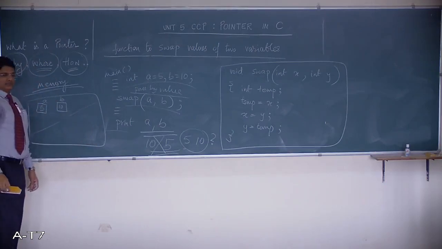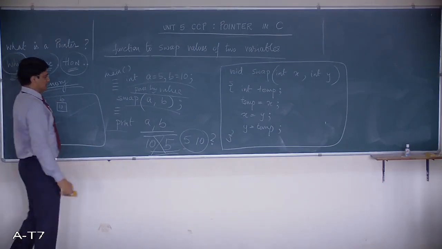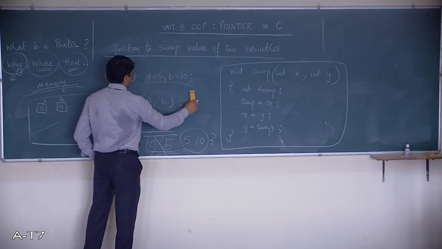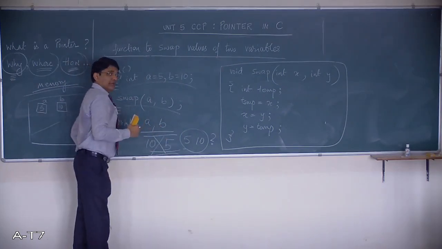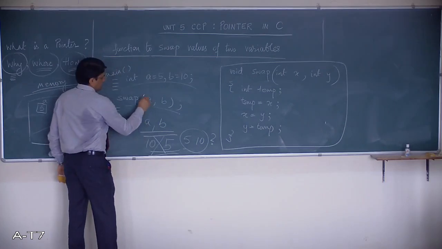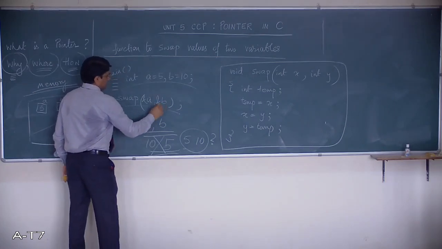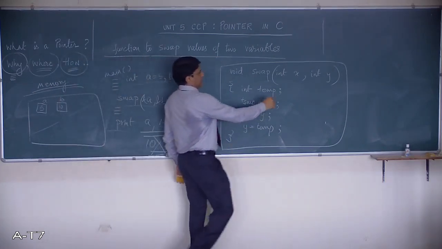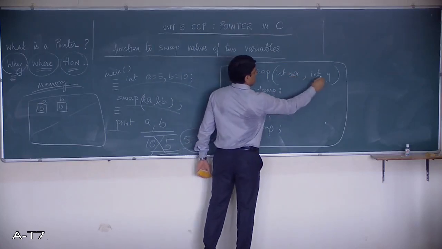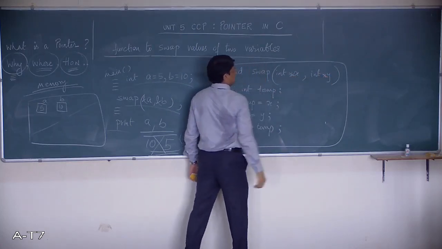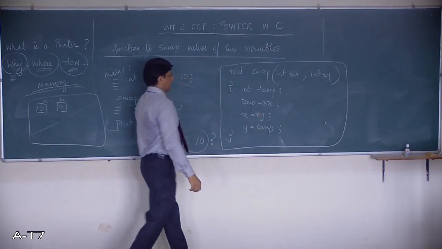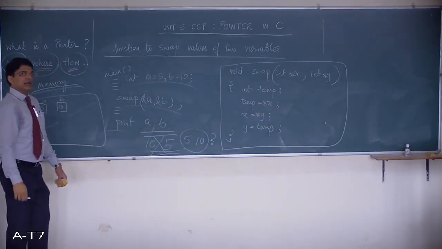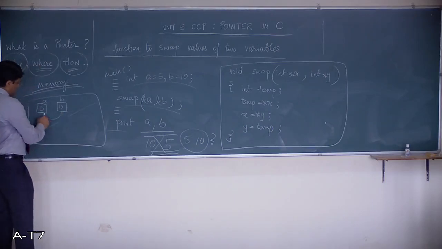And instead of this, if you had not used the other two variables, and you would have used pointers, passing address of A and address of B and receiving it in int star X and int star Y, then you know what you are trying to do?